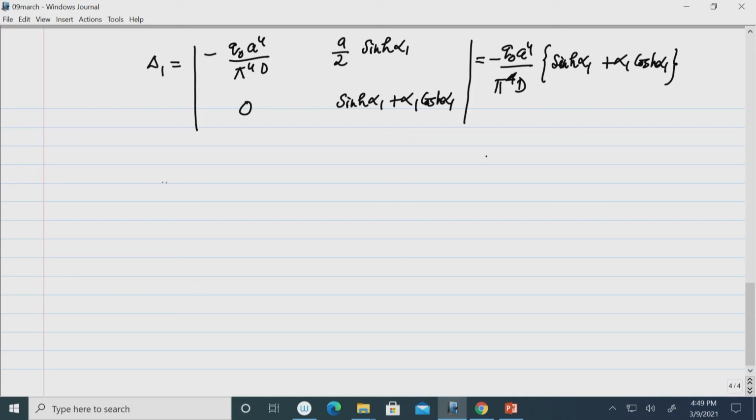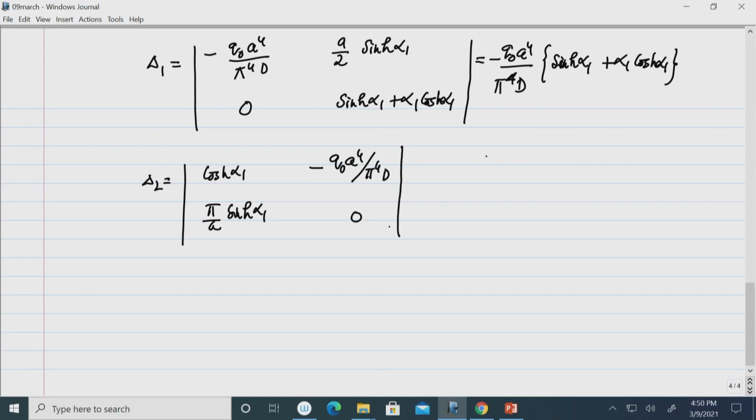Delta 2 will be cosh alpha 1, pi by a sinh alpha 1, and this term will be same as this, q naught a to the power 4 divided by pi to the power 4 d, and this is 0. So, after expanding you will get this term as q naught a cubed divided by pi cubed d sinh alpha 1. So, we got delta 1 and delta 2.